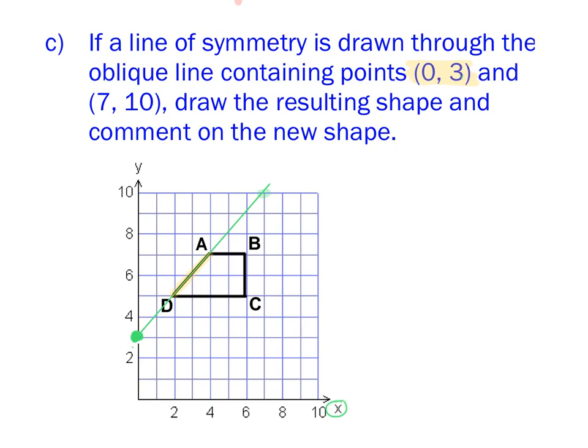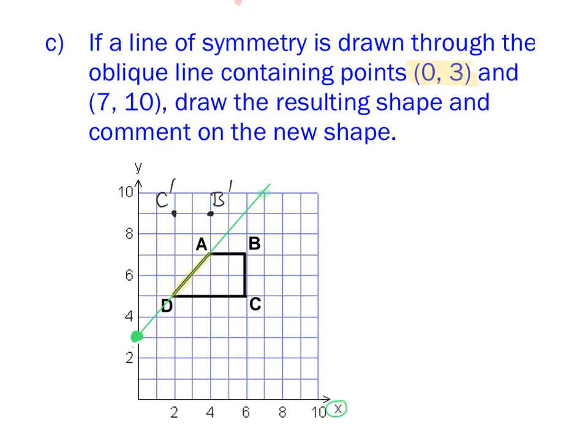Well, C used to be 4 units to the right of the line. Now it's going to be 4 units above the line. So that's the new C, that's C prime. B used to be 2 units to the right, now it's going to be 2 units above the line. So now this is going to be our B prime right here.